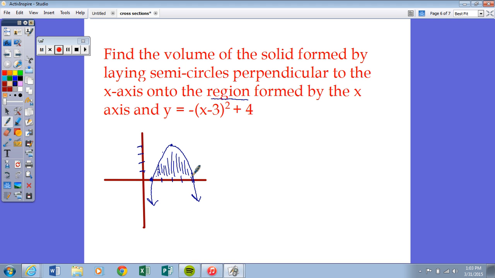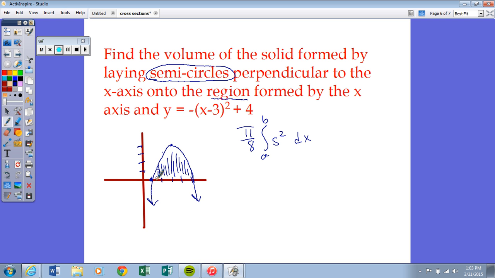So the first thing that I would probably do is go ahead and figure out the formula we need to use. So if we're doing volume for semicircles, that was on the other page, and it is this formula. And if we know this formula, now all that we have to do is fill in the A, the B, and the S. I think the S is going to be the easiest thing, because S is just the distance from the top of the region to the bottom of the region.